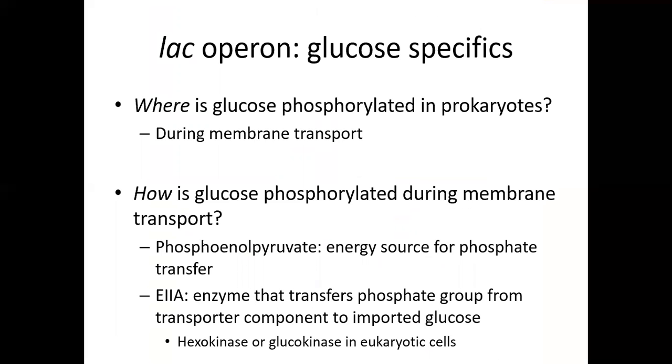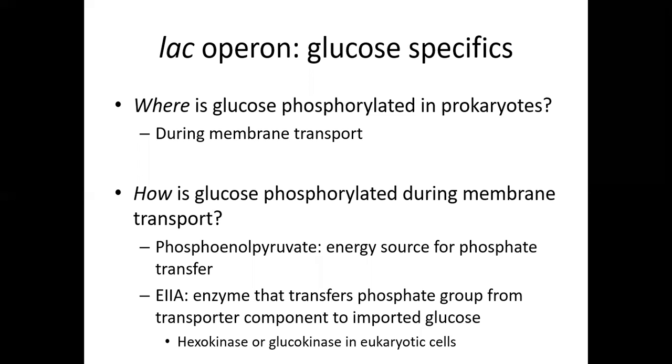And again, I know he's not big on all of the enzymes, but if he highlights something on a PowerPoint, I would go ahead and know that. So phosphoenol pyruvate is an energy source for phosphate transfer. And the enzyme E2A is what transfers the phosphate group from the transporter to the glucose.